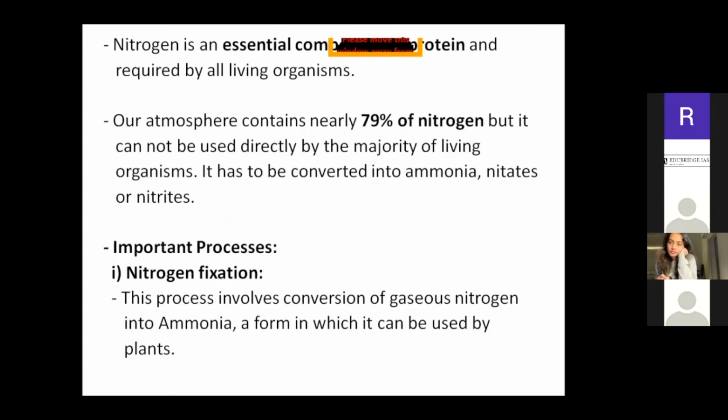But this form of nitrogen cannot be used by plants or organisms directly, and that's why it has to be converted into ammonia or nitrates or nitrites, so that plant species can use that particular form of nitrogen, and through plant species that nitrogen is made available to consumers or animals.